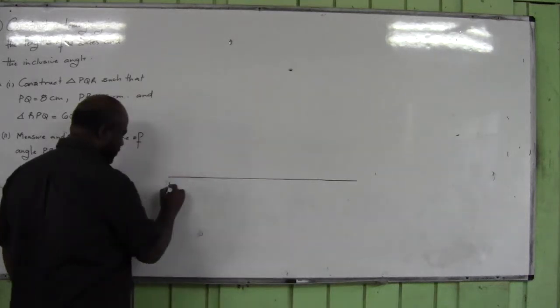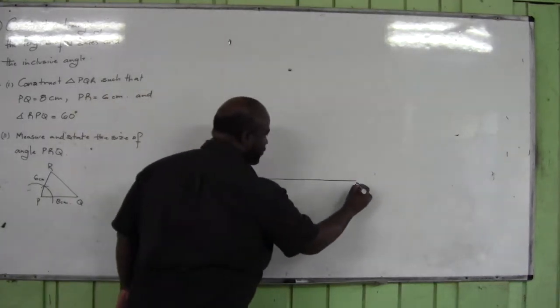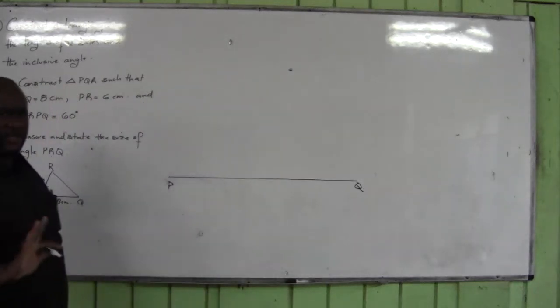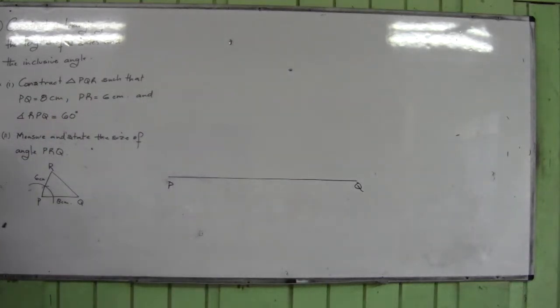This is P and this is Q, and the length of it is 8 centimeters. So the second thing I'm going to do is construct the 60-degree angle. We already concluded that we're constructing the 60-degree angle where? At P. We're constructing it at P.